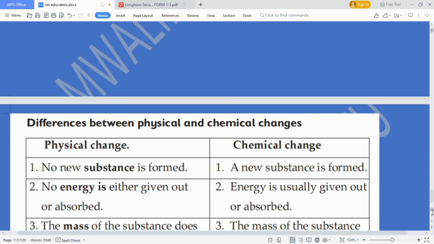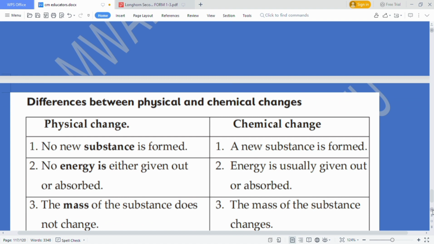In physical change, there is no new substance formed, while in chemical change, there is a new substance formed. No energy is either given out or absorbed in a physical change, while in a chemical change, energy is usually given out or absorbed. So it is either chemical change or permanent change, while a physical change is a non-permanent change.